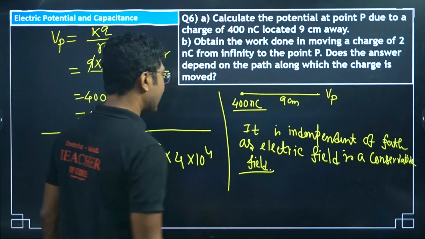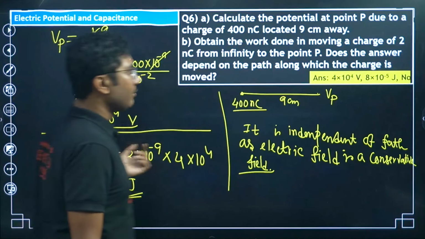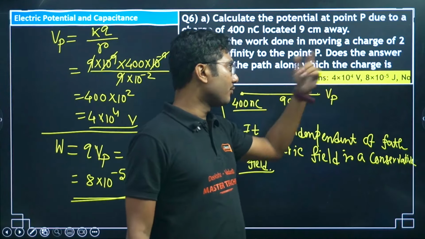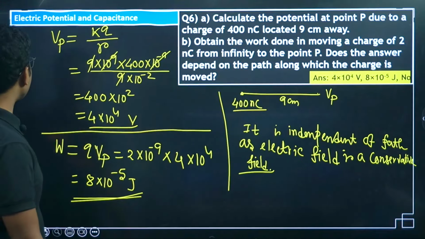Gravitation, electric field, they are conservative fields. So, in that case it is independent of the path. Okay, so the answer is 4 into 10 to the power of 4 volt, 8 into 10 to the power of minus 5 joules, and it is independent of the path.